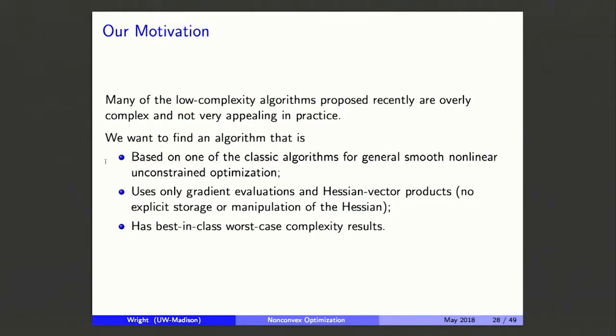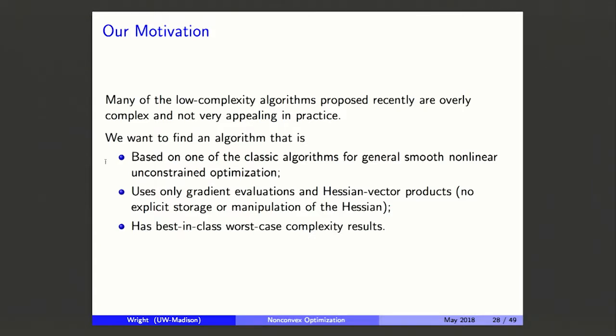A comment here is that some of the low complexity methods that were proposed in the last few years are not very appealing in practice. They're sort of these Frankenstein monsters of accelerated gradient and convexification and a bunch of other techniques. I wanted to go back and take one of the classic methods, and Newton CG is one of them.